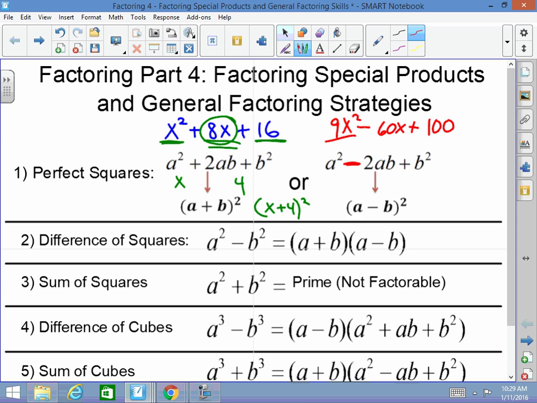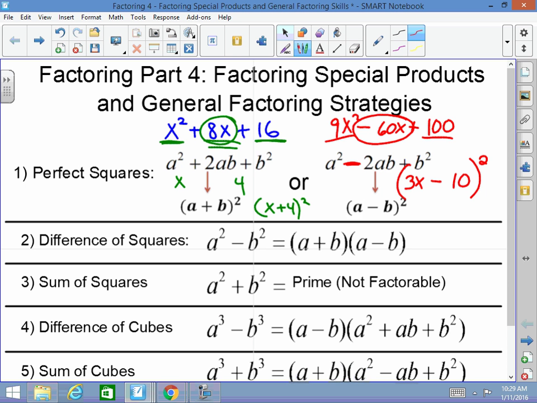That's a perfect square, and that's a perfect square. What's the square root of my first term? 3x. What's the square root of my third term? 10. What's 3x times 10 times 2? 60. Does it work? So you put a minus here, and you square it. You just found your perfect square.